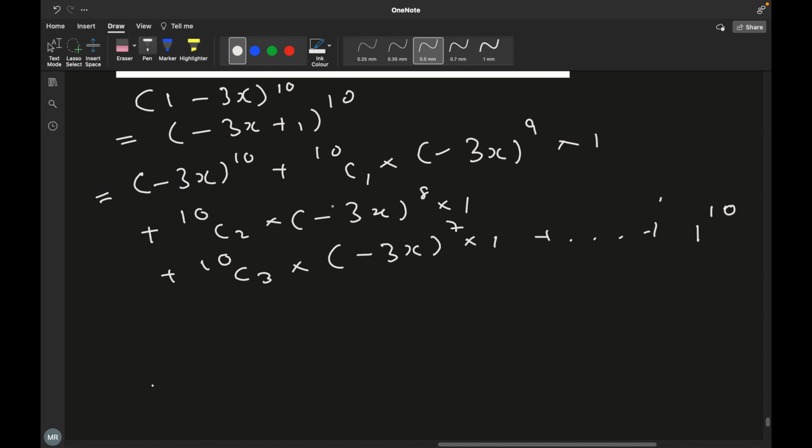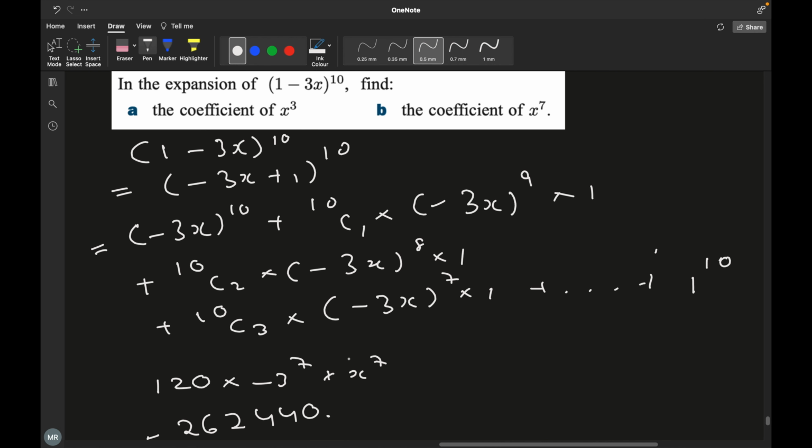I just flip them. 10C3 is 120 times negative 3 to the power of 7 into x to the power of 7. The coefficient is negative 262,440. It's a lot. So we got the answers.